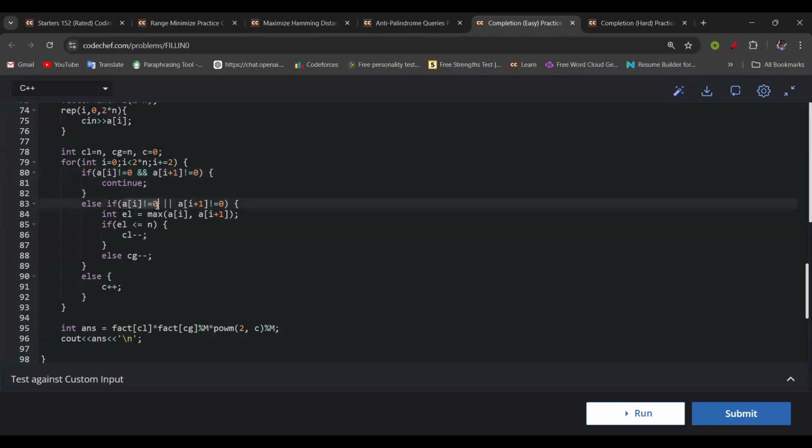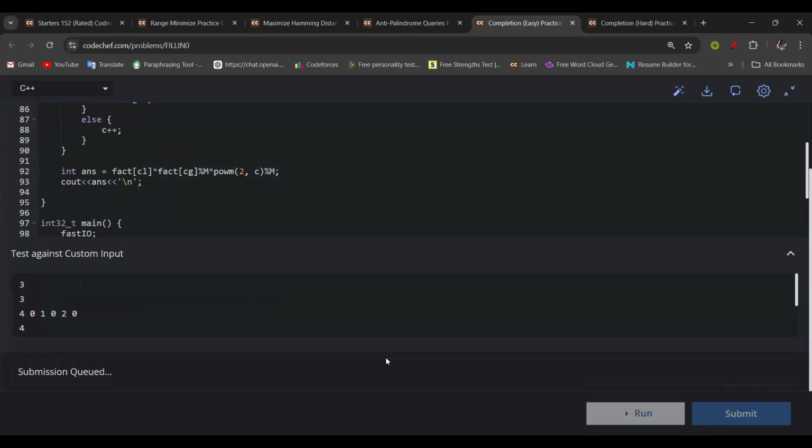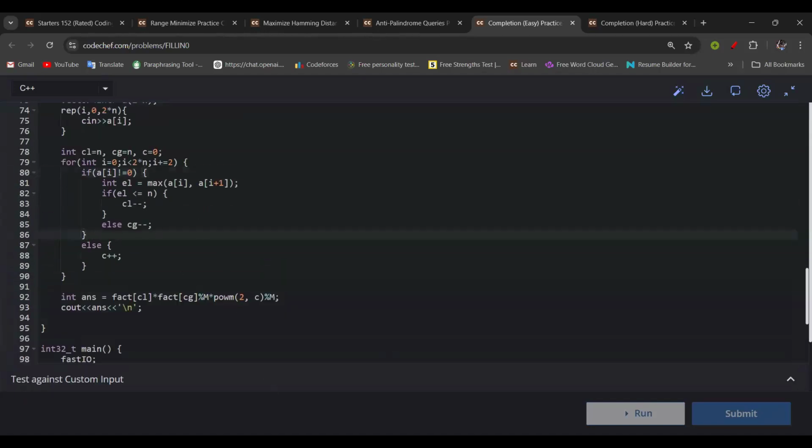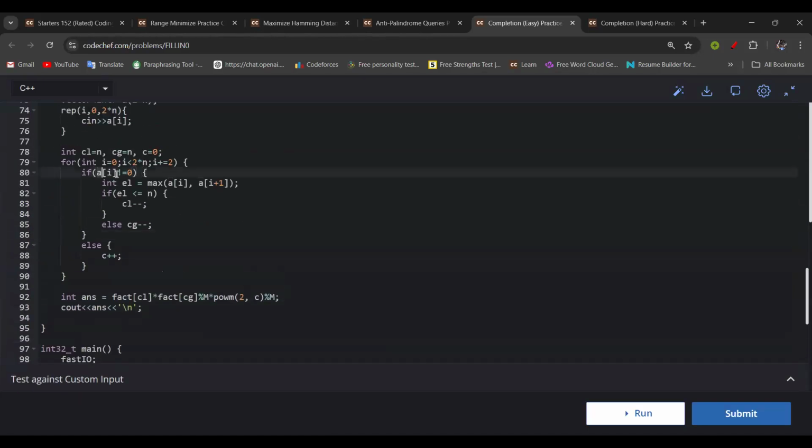Now, if any one of them is known, or in the easier version, you could have just written A[i] is unknown. So if A[i] is unknown, we are moving to all the odd indexes in one-based, in zero-based it's the even index.